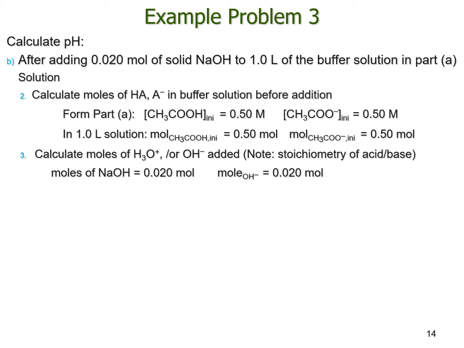And according to the formula, we realize it is a 1-to-1 relation, right? So that is sodium plus OH minus. So this is a monoproduct. Monoproduct, that means the moles of hydroxide is going to be same as the sodium hydroxide after 100% of dissociation, of course. So we figure out the moles of OH minus from the strong base is 0.020 moles.